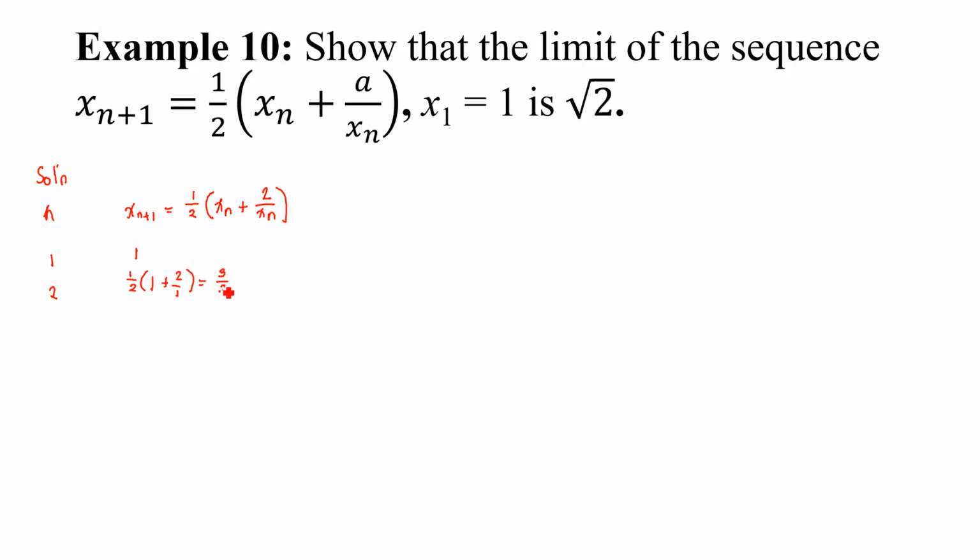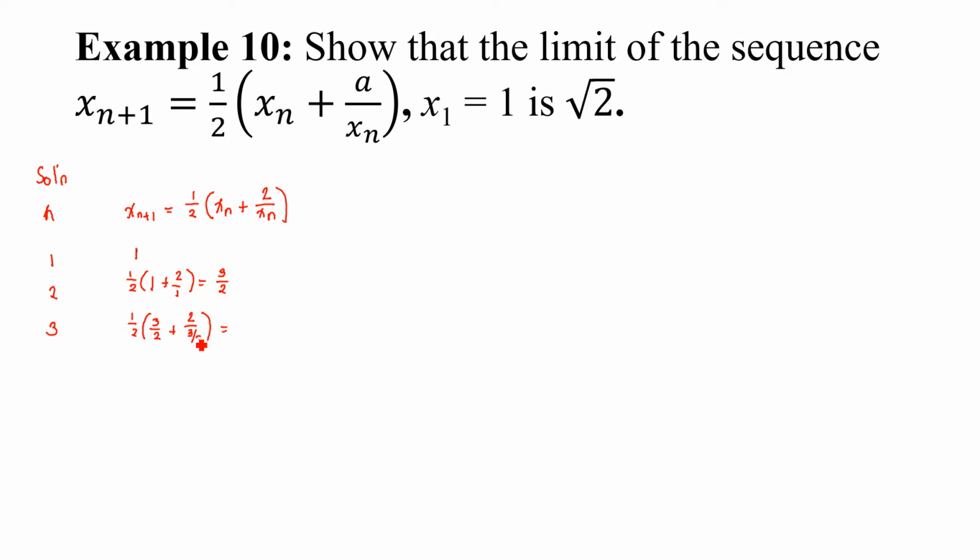For the third term, we have 1 half times 3 halves plus 2 over 3 halves.